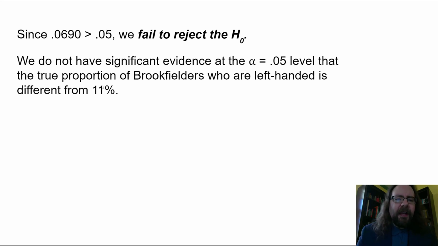The one thing I want you to note here, because it's really important, is that the area of the original tail was 0.0345. If we treated this as a directional test and only used one tail to do the p-value, that would have come out as less than 0.05, and we would have rejected the null hypothesis. So here's an example where, because it was a two-tailed test, we ended up failing to reject. This goes back to the fact that in a two-tailed test, you get higher p-values, so you are less likely to reject the null hypothesis.